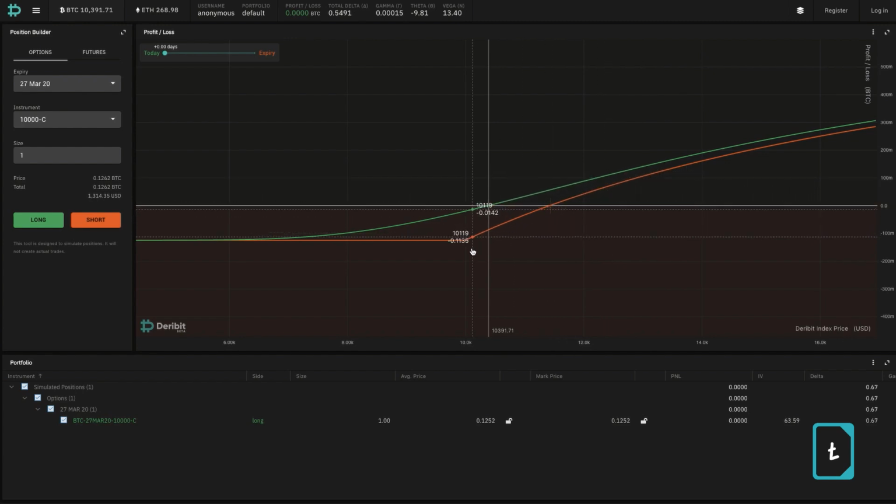Our red line is at the time of expiry. Our green line is whatever time is identified here between today and the time of expiry, so that green line changes.